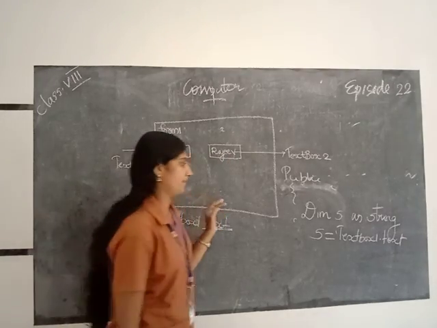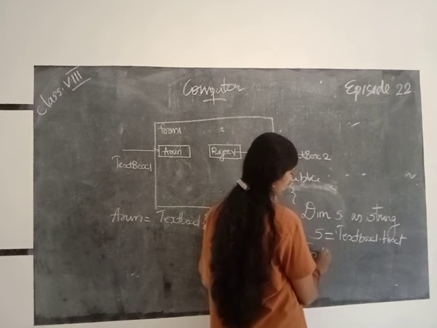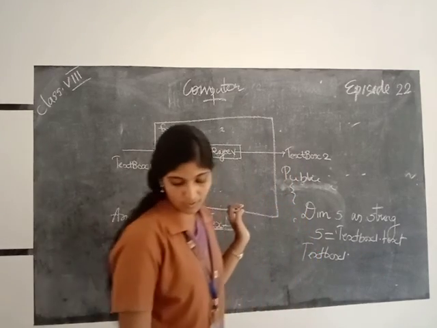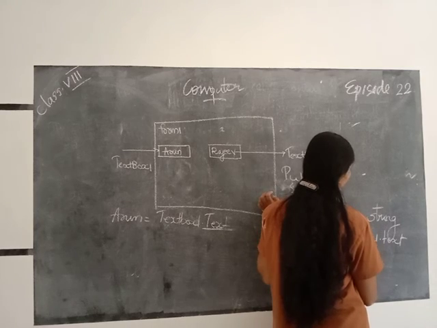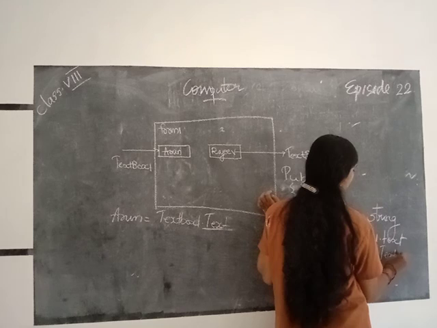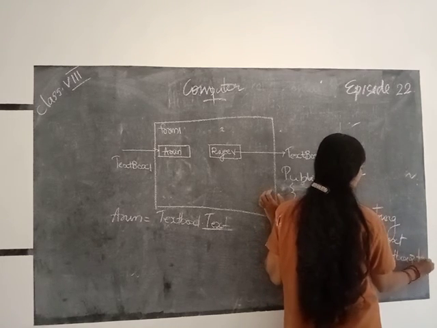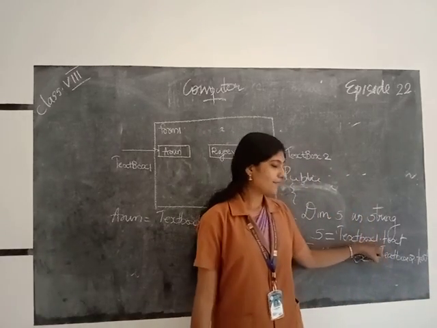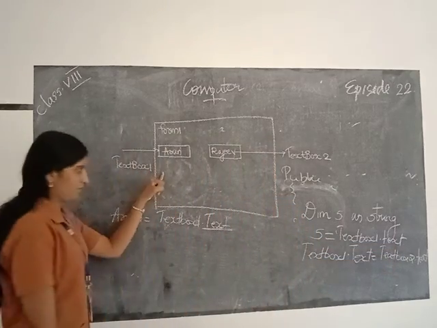So TextBox1.Text equal to TextBox2.Text. Here first, the value of TextBox1.Text means Arun.